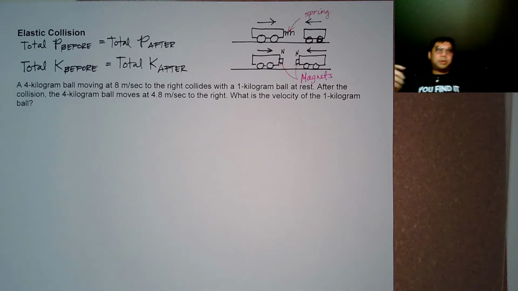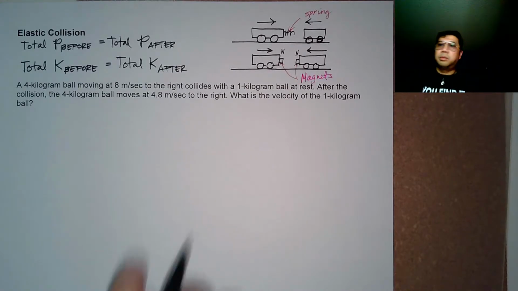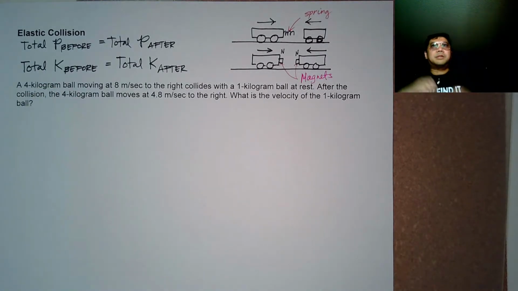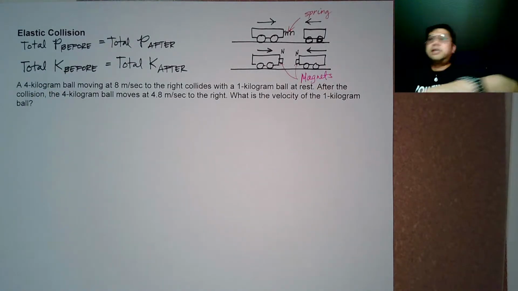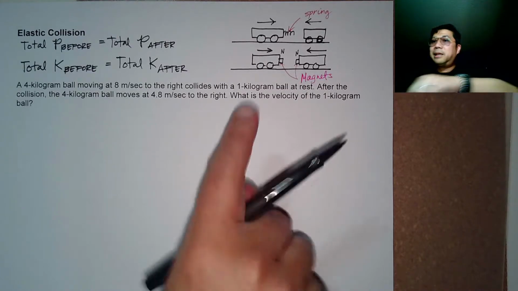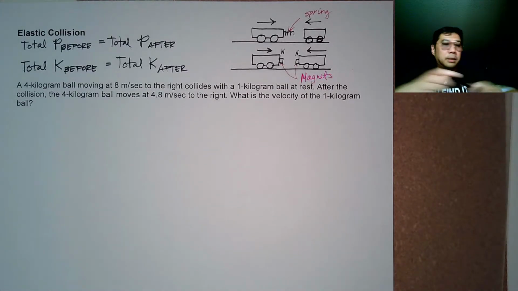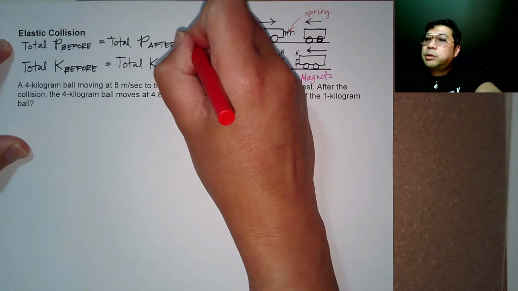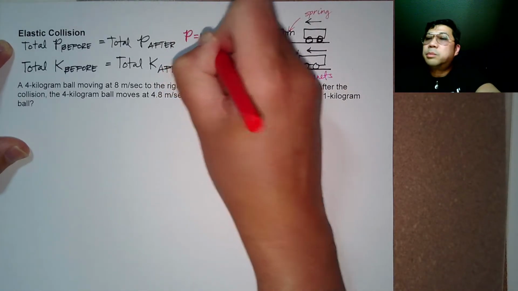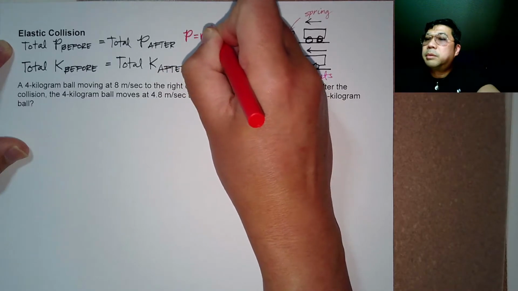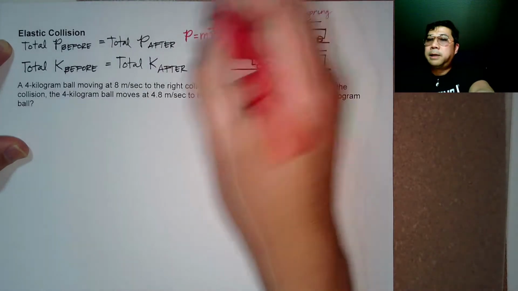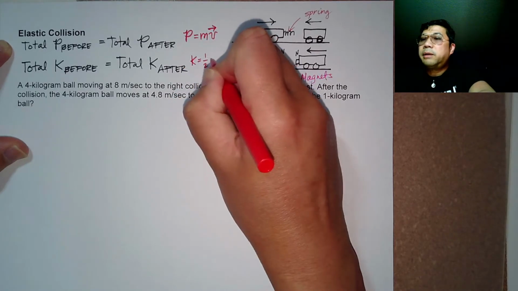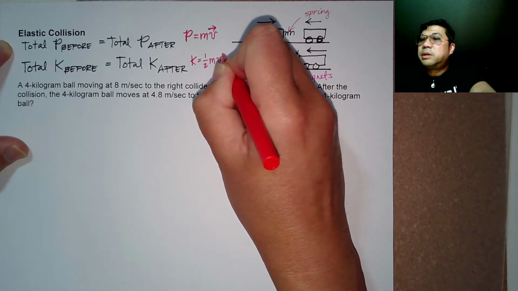So two conditions: total momentum is conserved and total kinetic energy is conserved. Again, the total kinetic energy, not the individual kinetic energy of the components. Let me write here: momentum is mass multiplied by velocity, and kinetic energy is 1/2 mv squared.